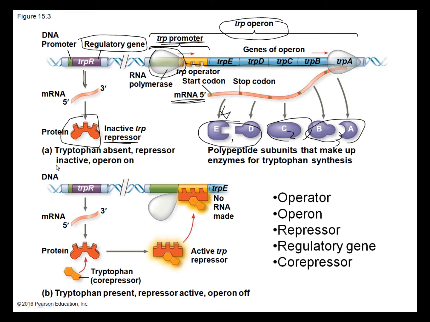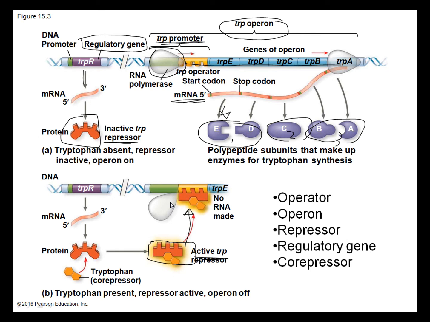So now you have the repressor in the presence of excess tryptophan, and the tryptophan binds to this repressor and induces a conformational change, a three-dimensional change in the shape of the repressor, resulting in a repressor that can bind to the operator portion of the tryptophan operon. Now the promoter is blocked by this repressor, and the RNA polymerase cannot bind and proceed with the transcription.